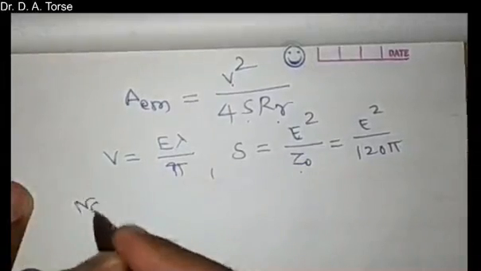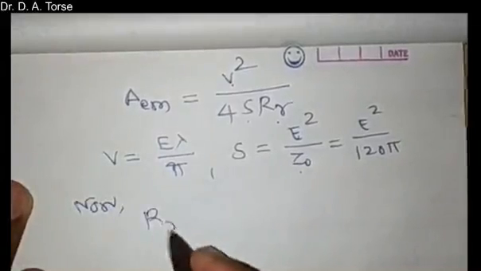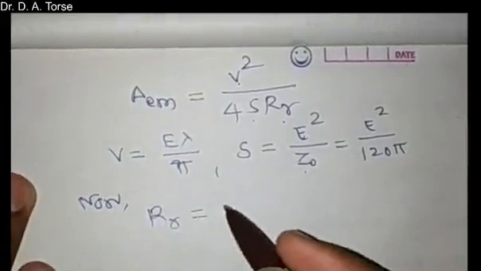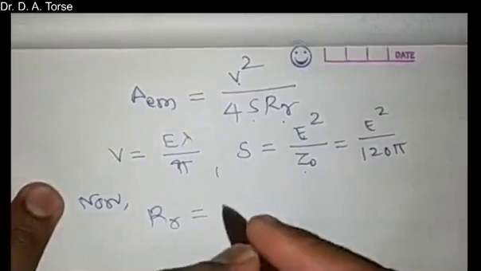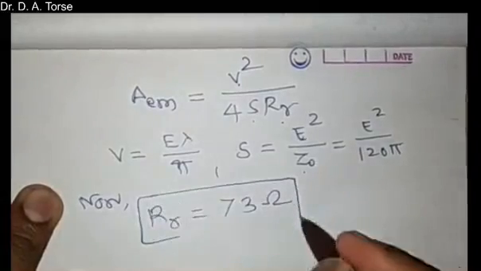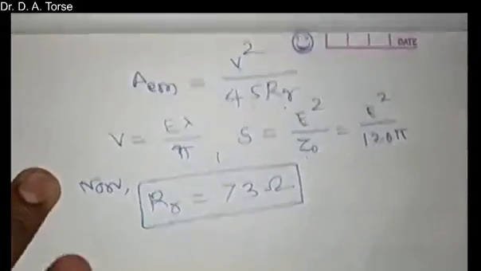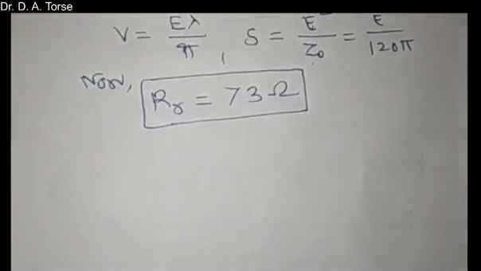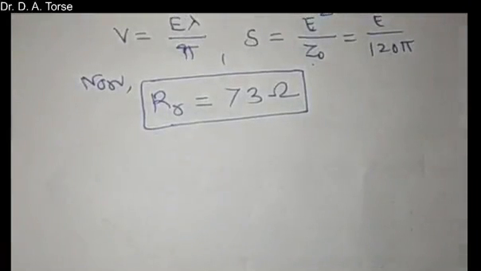Now, the radiation resistance of a lambda by 2 dipole is 73 ohms. Again, we are going to discuss a detailed derivation of this in unit number 5. As I mentioned in the previous video, the radiation resistance of a short dipole differs; this is the radiation resistance of the lambda by 2 dipole, and its value is 73 ohms.